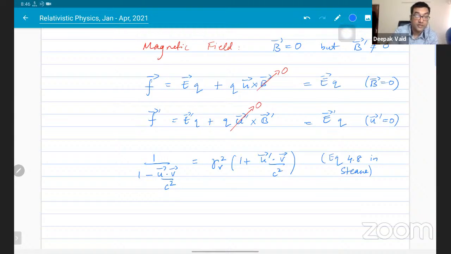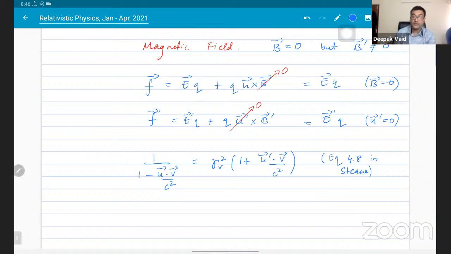And to derive this equation, you can use the velocity transformation expression. I'll leave this to you as an exercise.